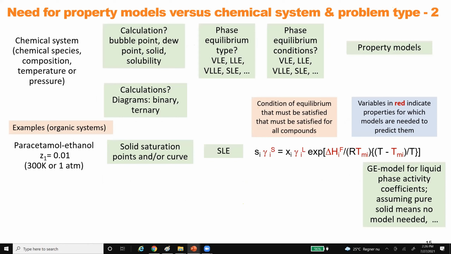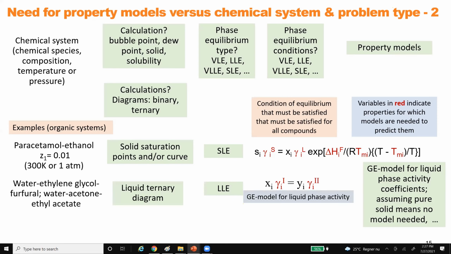If only paracetamol is crystallizing out, the left-hand side can be set to 1. And what we want to calculate is x, knowing the activity coefficient, the heat of fusion, the melting point, and the operating temperature. But this is at 1 atmosphere. Also, you can see in this equation there is no pressure, so pressure actually is not a variable here.